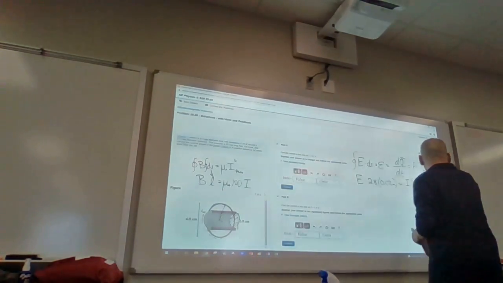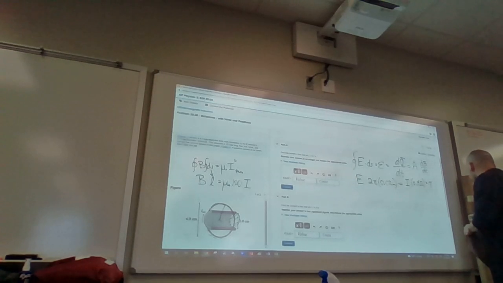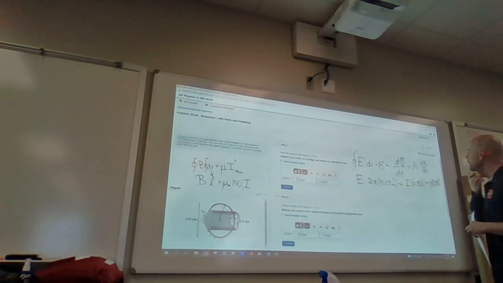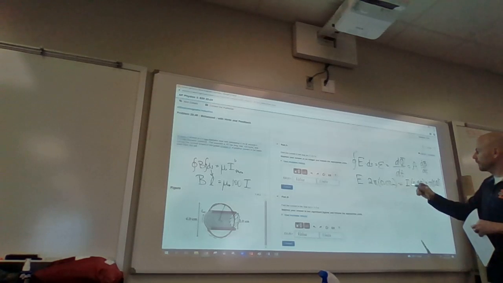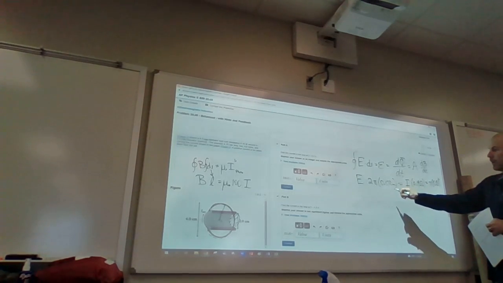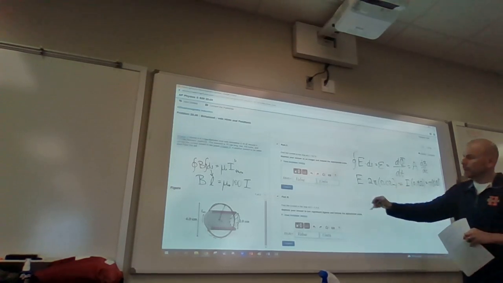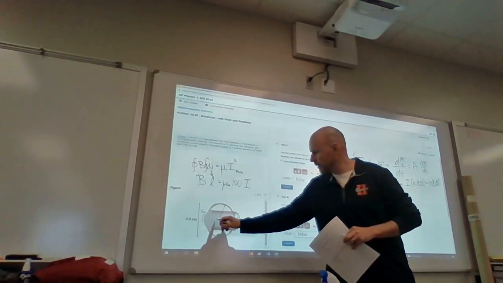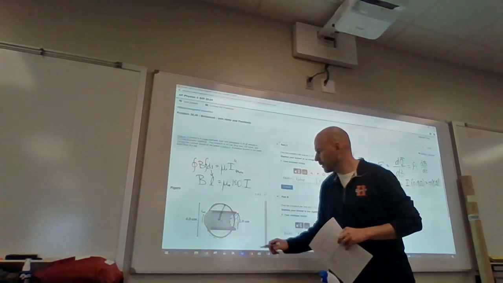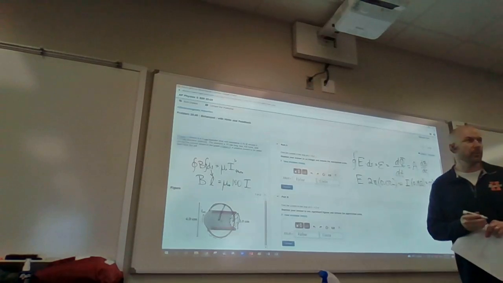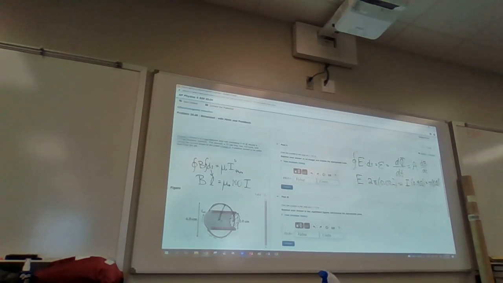So 0.01 squared. That's the radius. It's 0.4 centimeter, this is 4 centimeters. This says that because that's where the magnetic field is.